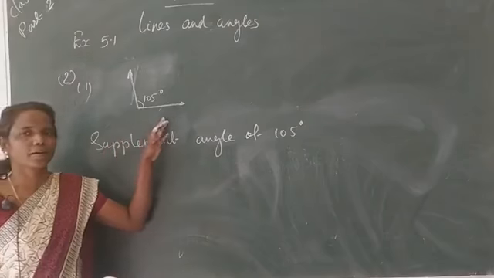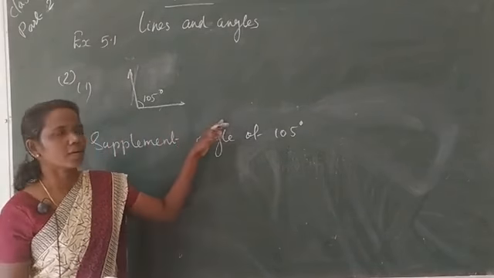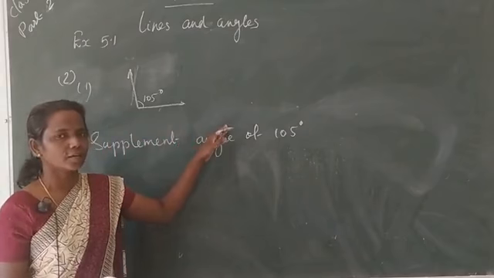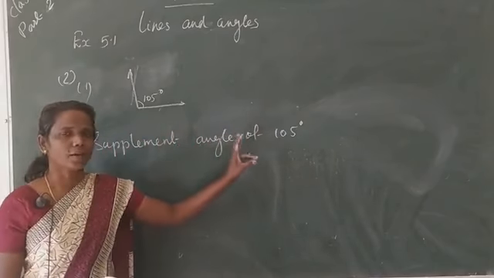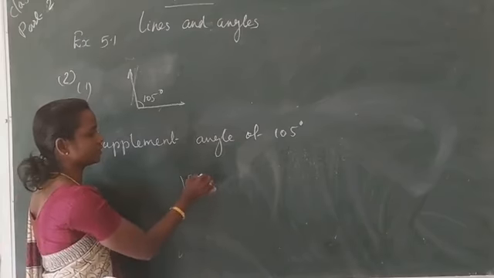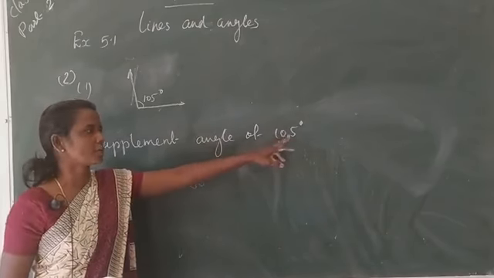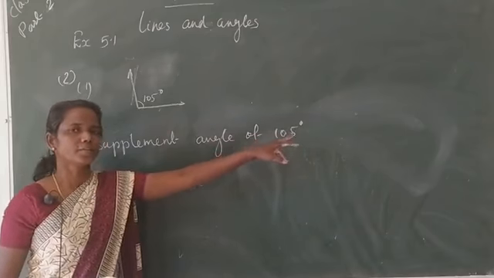What is the supplementary angle? The sum of supplementary angles is 180 degrees. So when we add two angles, we get 180 degrees. Here one angle is given, 105 degrees.